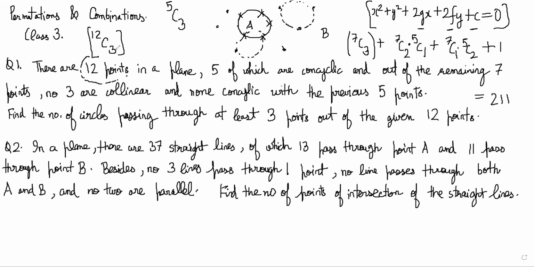So you have to subtract those 5C3 and add 1 because they are contributing only one circle. 12C3 if there were no restrictions, minus 5C3 if the 5 points were contributing these 5C3 circles, but they are actually contributing just 1, so plus 1. This calculation also, if you do, it comes out to be 211.